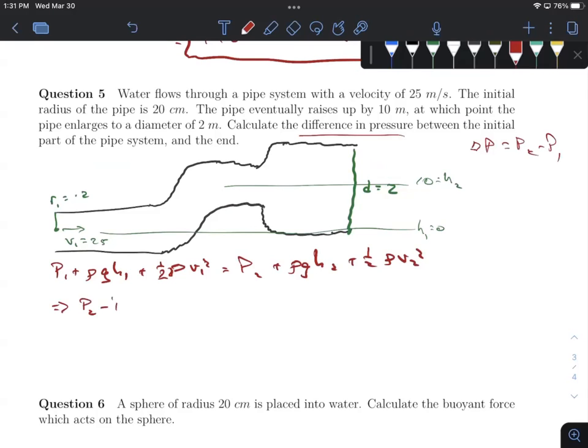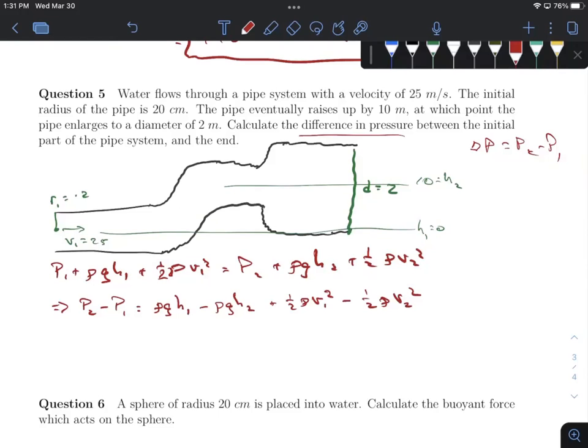P2 minus P1 equals rho GH1 minus rho GH2, then plus 1/2 rho V1 squared minus 1/2 rho V2 squared. So when you move the terms around, getting the P's on one side, everything else on the other, it comes out like this. And now all I have to do is plug numbers in.